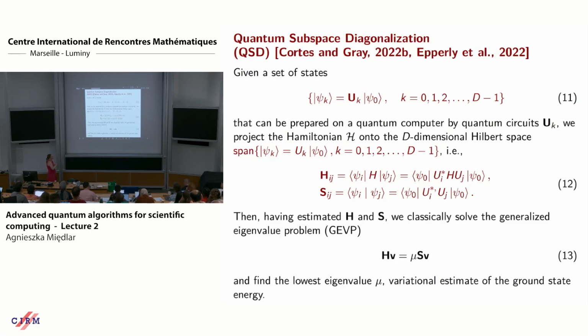So what is the general idea? I will explain that in detail here, but first let's think about the classical problem. You have a huge eigenvalue problem, Ax equals lambda x.